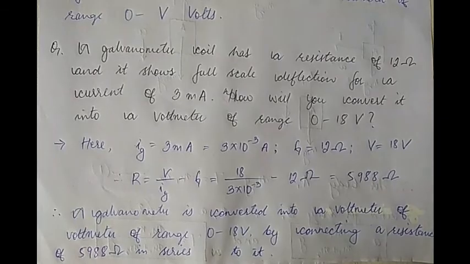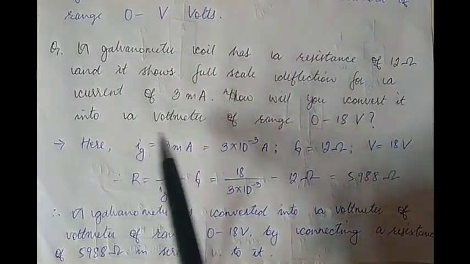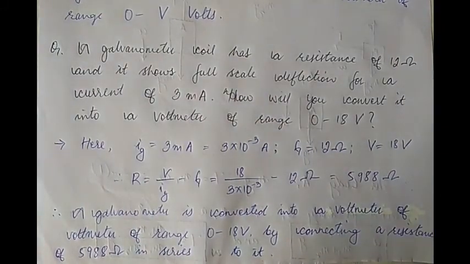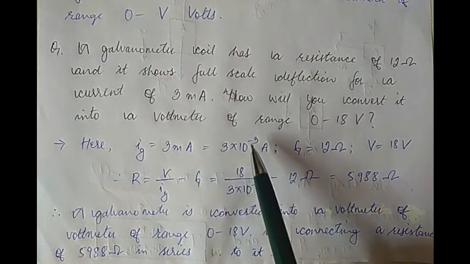So let us look at this question now, wherein we have a galvanometer of resistance 12 ohms and a current of 3 milliamperes produces full-scale deflection in the galvanometer. Now what we need to do is convert this galvanometer to a voltmeter of range 0 to 18 volts. So Ig is 3 milliamperes, which is 3 × 10⁻³ amperes.